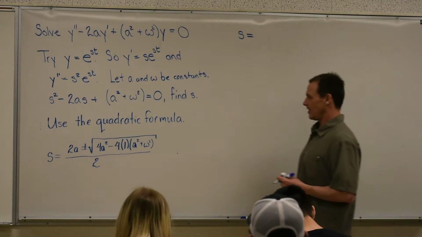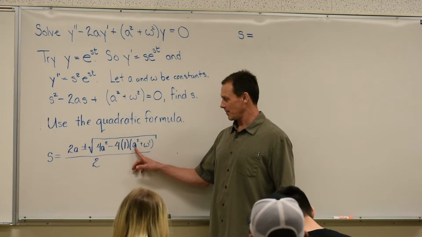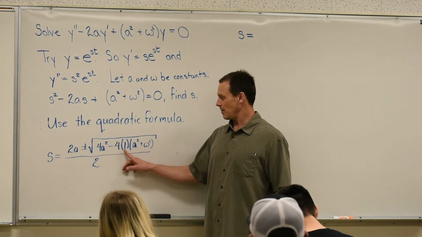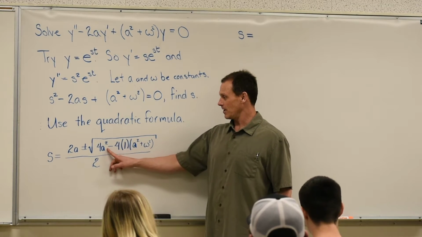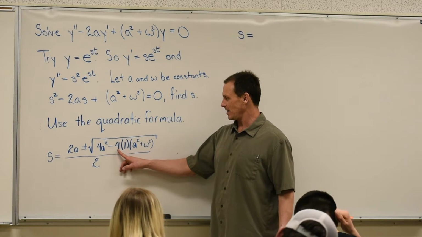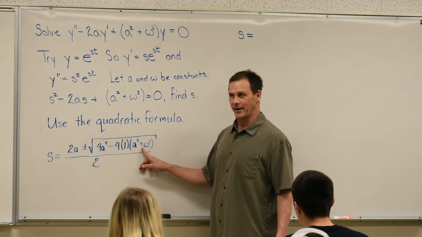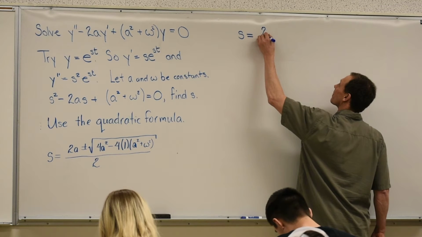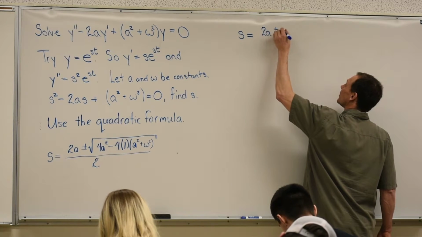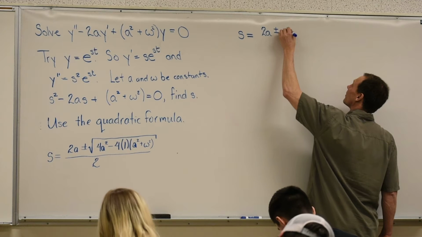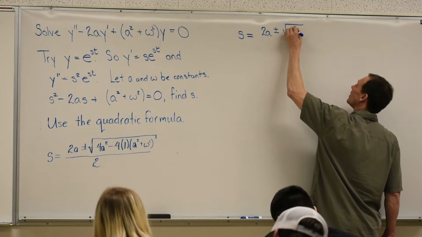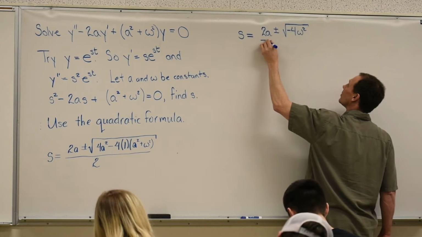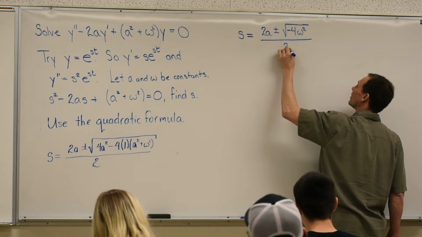Oh, look at this though. If I distribute the minus 4, I'm going to get a minus 4a squared. So 4a squared minus 4a squared, that's 0. So I'm left with, inside of this, minus 4 omega squared. So that's going to give me 2a plus or minus the square root of minus 4 omega squared, over 2.